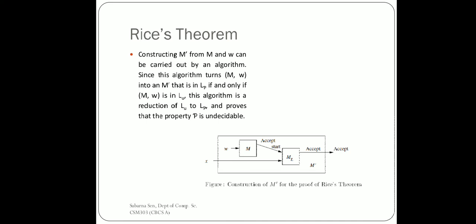Based on whatever LU is doing, we can predict what LP is going to do. Since we have already proved that language acceptance by the universal Turing machine is undecidable, using the property of reduction, since we have reduced LP using LU, we can prove that LP is undecidable also.